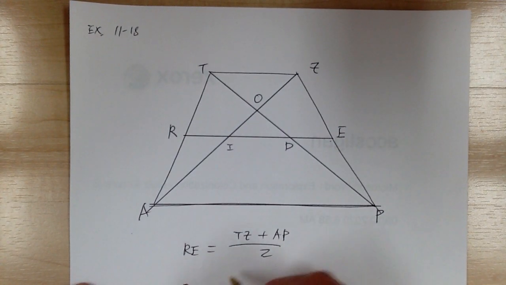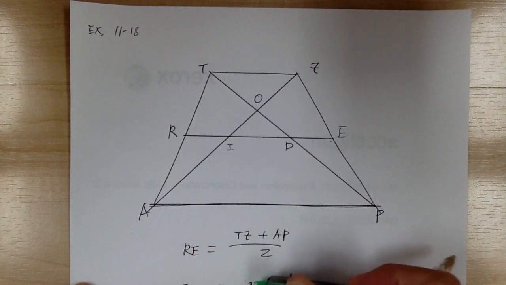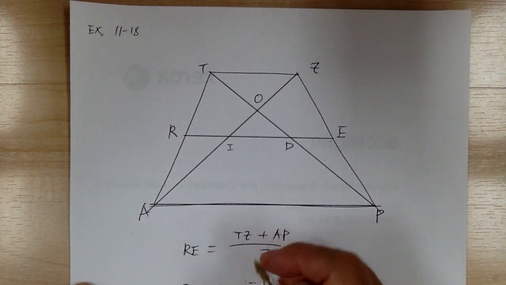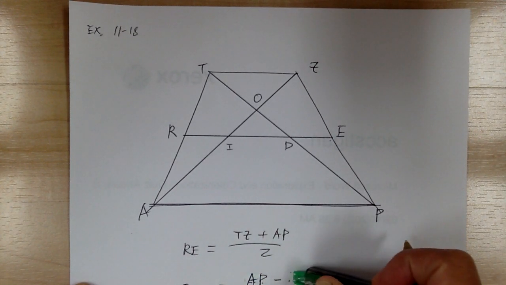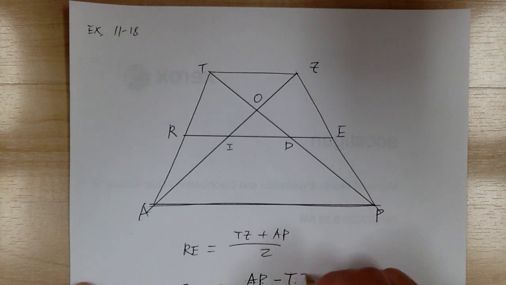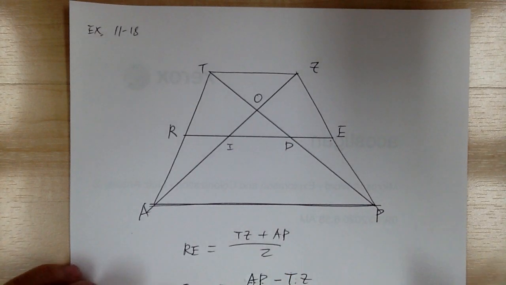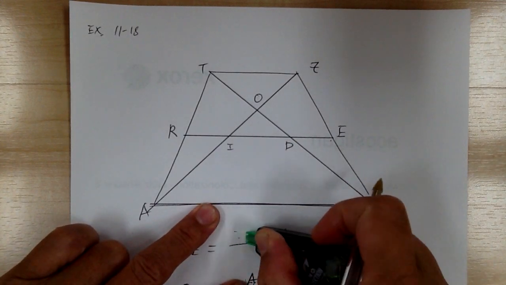Now also ID will equal to the difference, so half of the difference. So TZ minus AP, so you got AP minus TZ over 2. Okay, I'm going to switch this so it's easier to remember.